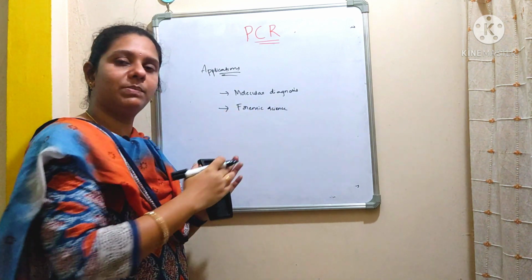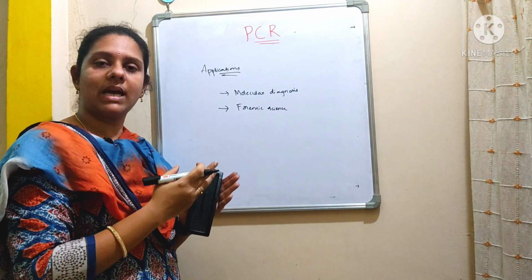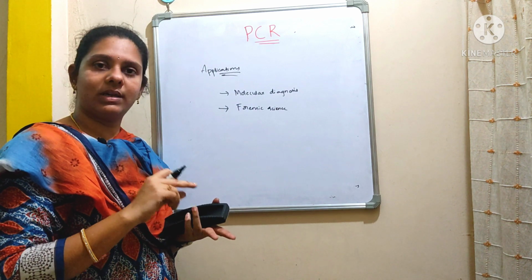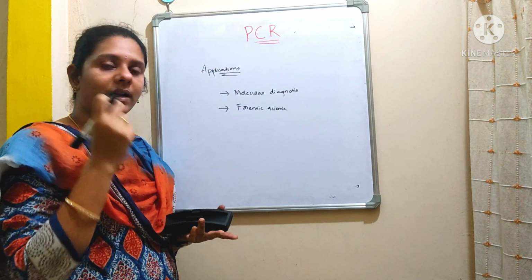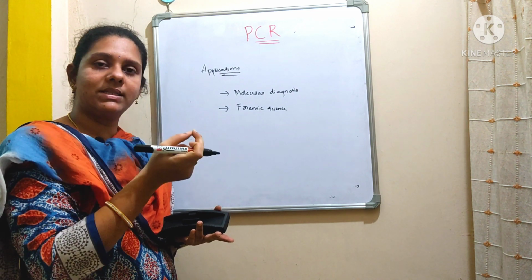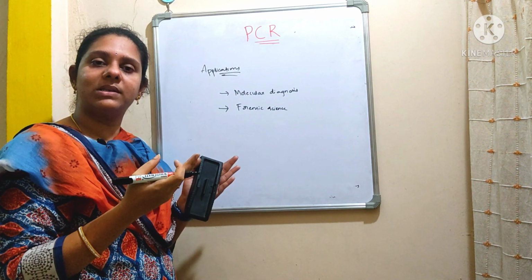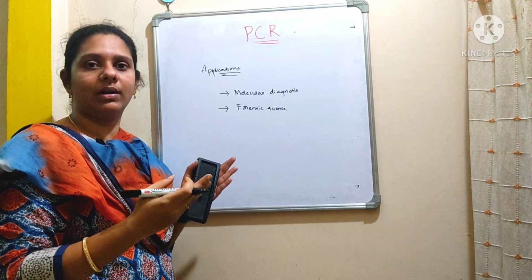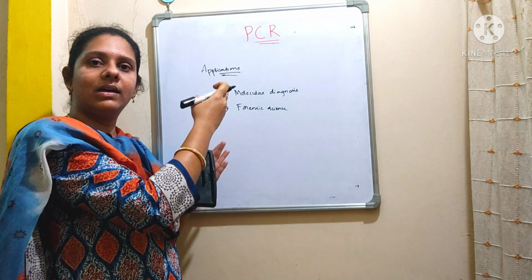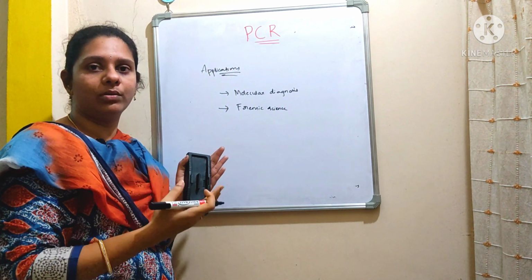In forensic science, especially to identify the culprits, what forensic scientists do is they will collect the blood samples or a semen sample, or they will collect a hair sample which contains root, and from that root and blood samples we can extract the DNA, because we all know DNA is present in each and every cell of an organism. So once we isolate the DNA, that DNA is used to carry out the PCR, where we make a huge amount of DNA out of it.